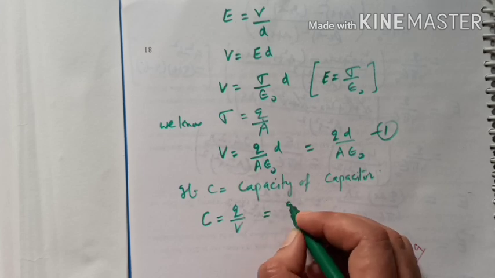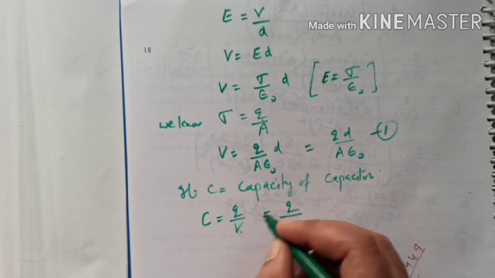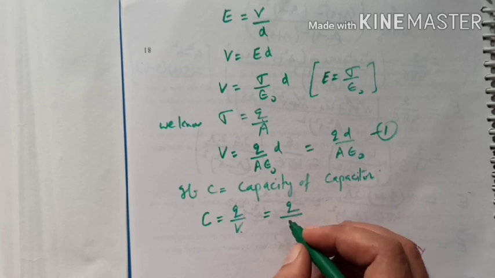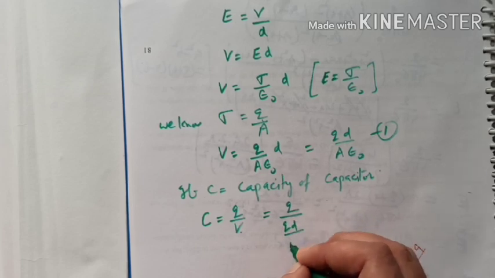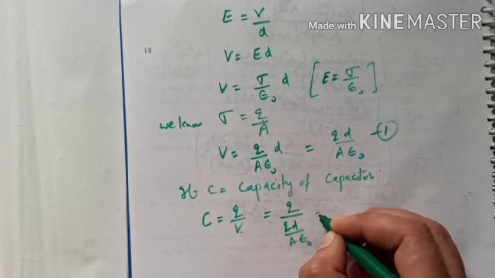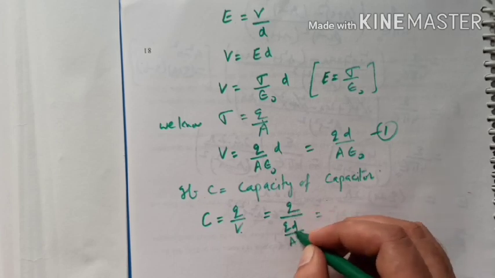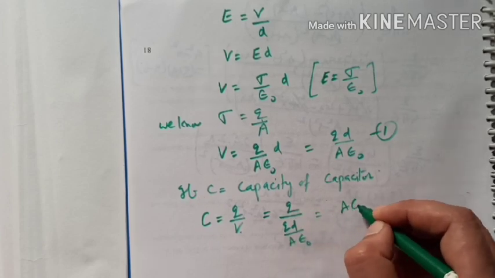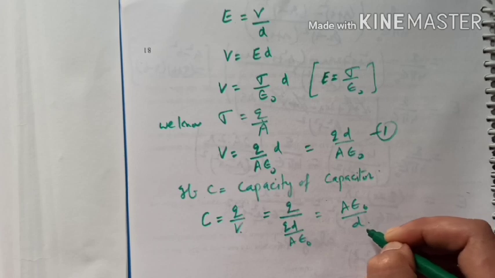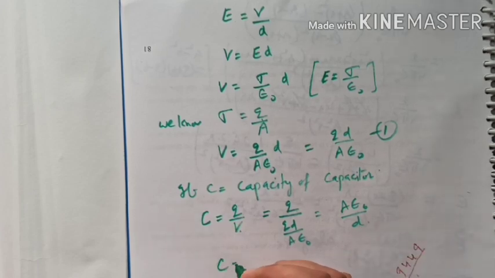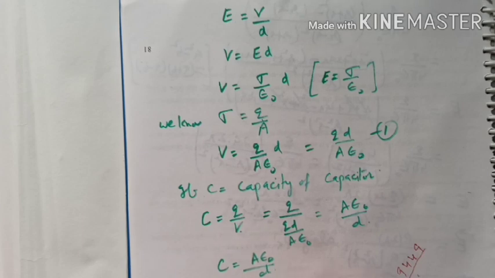So this is equal to V. Put the value of V from equation number 1: Q D by A epsilon naught. Q and Q cancel, so we are left with A epsilon naught by D. So C is equal to A epsilon naught by D, the capacity of a parallel plate capacitor.